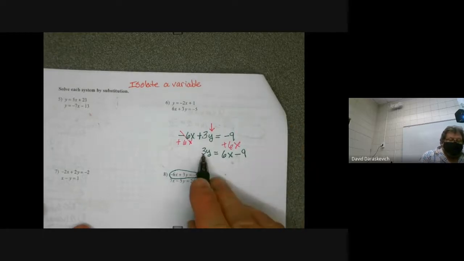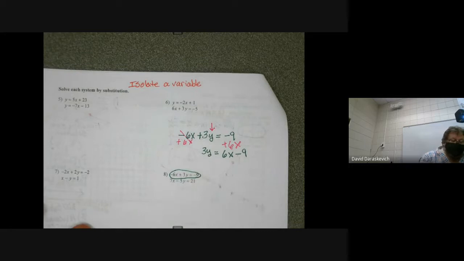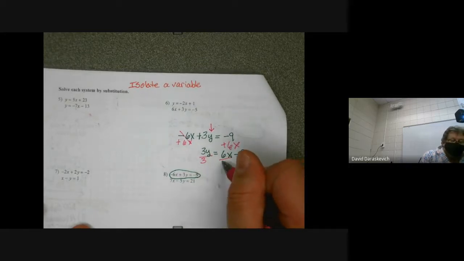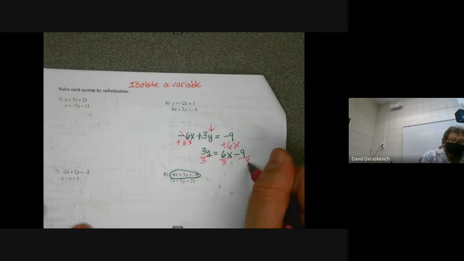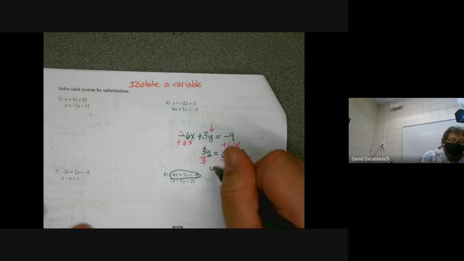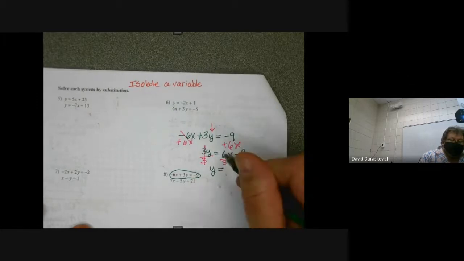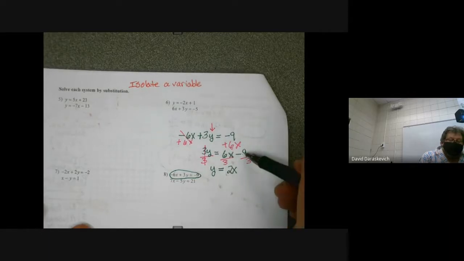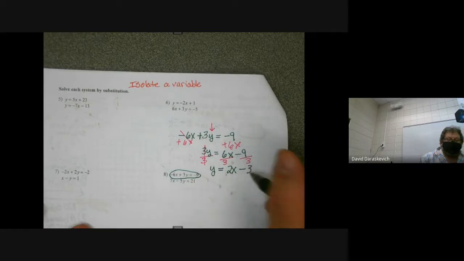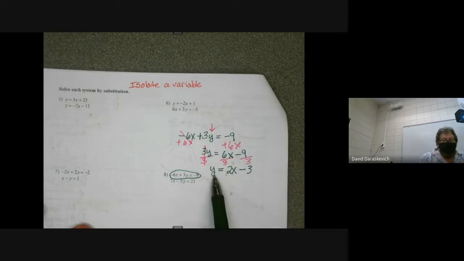Notice I got a 3 in front of my y, so I have to divide every term by 3. I get y equals 6 divided by 3 is 2, I have my x. Negative 9 divided by 3 is negative 3. So now I have my y isolated in this one.